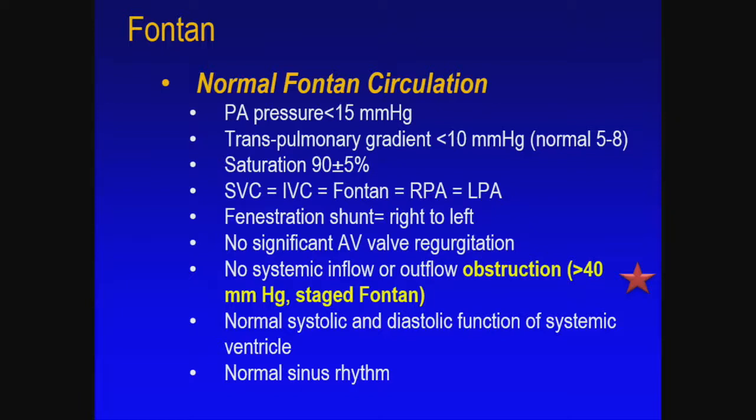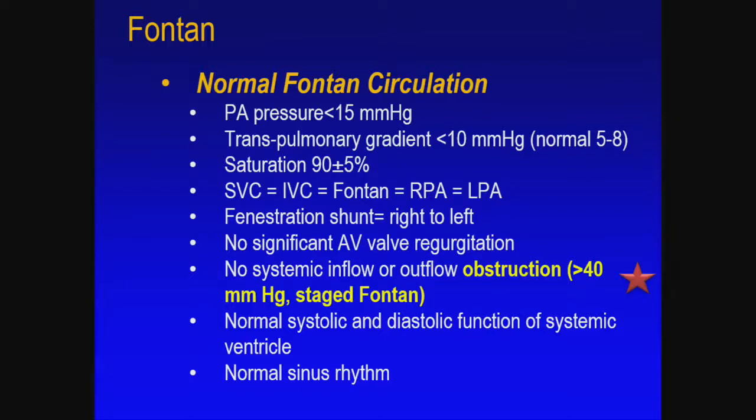Transpulmonary gradient, meaning the pressure difference between the PA, the circuit in the SVC, and the LA, should be less than 10, normally 5 to 8. And normal saturation for a Fontan is in the low 90s. There should be no gradient. Even a minimal gradient is abnormal because this is venous flow. Even a small gradient can accentuate and increase the energy loss.